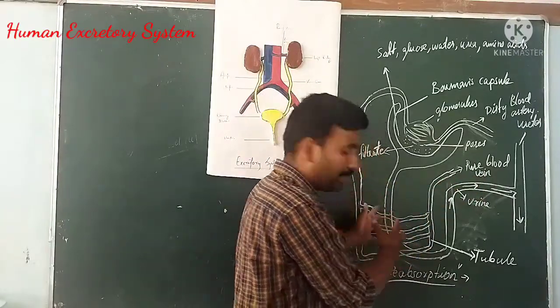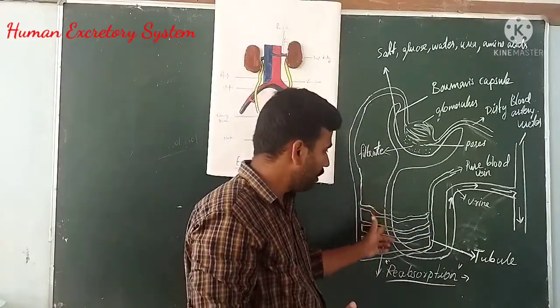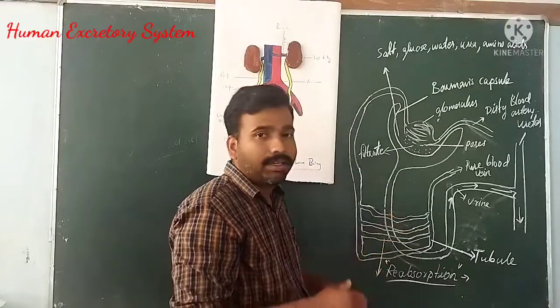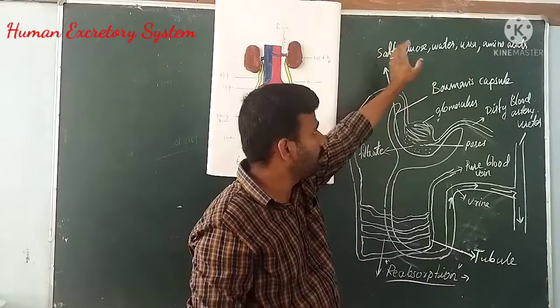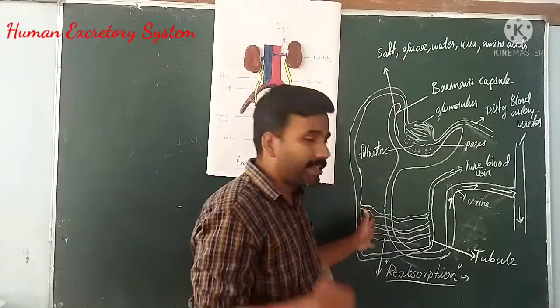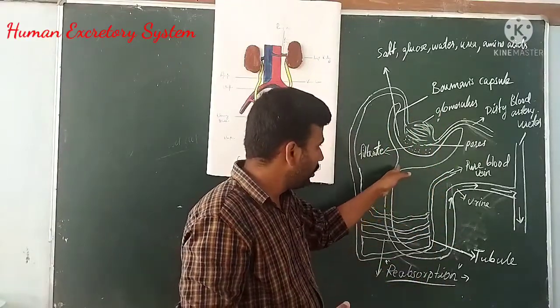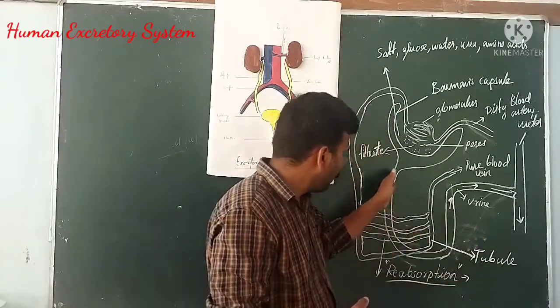Here the reabsorption of the essential materials will happen over this particular area. Reabsorption of water, glucose, salt and amino acids, which are very essential for the body, will happen, while the excess amount of salt, urea and uric acid will remain in this tubule.